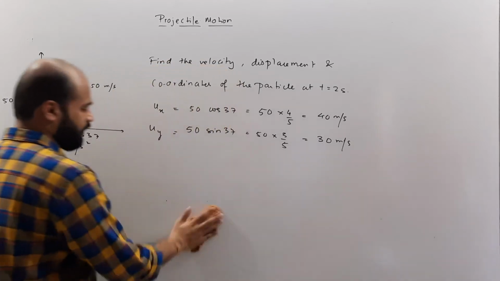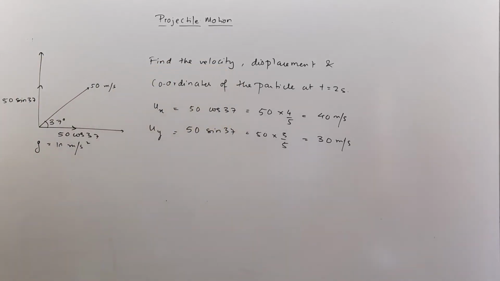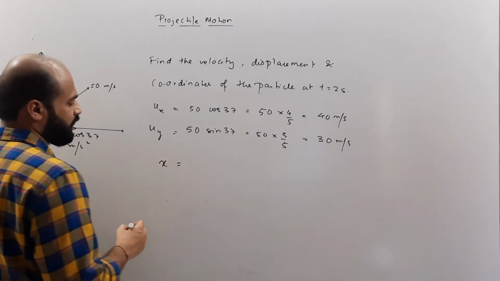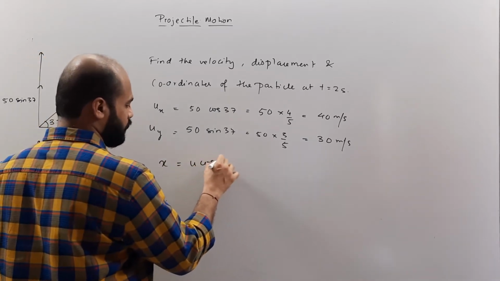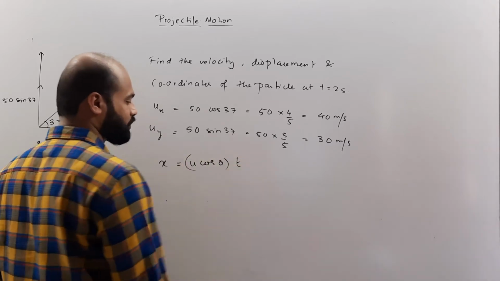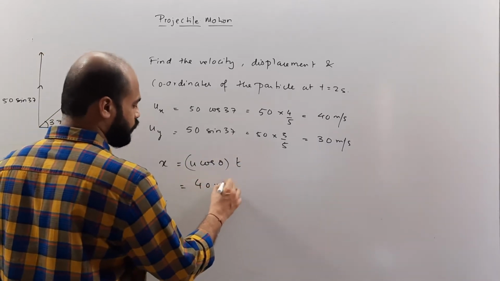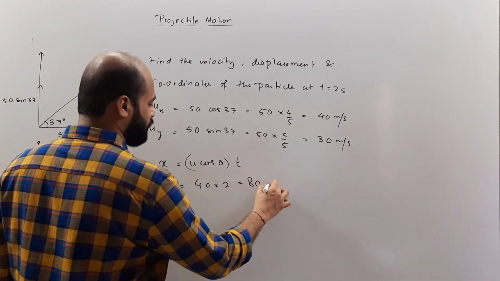Now for displacement, we are going to use the second equation of motion. So we can write x equals to u cos theta into t, that's what we have seen earlier, and so this is going to be 40 into 2, which is going to be 80 meters.